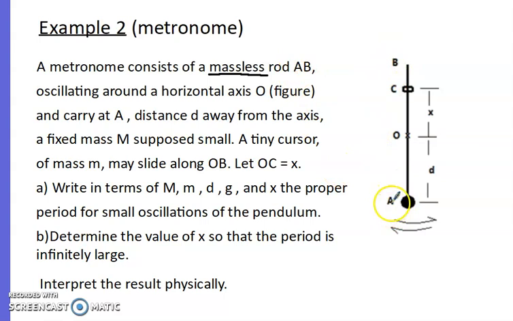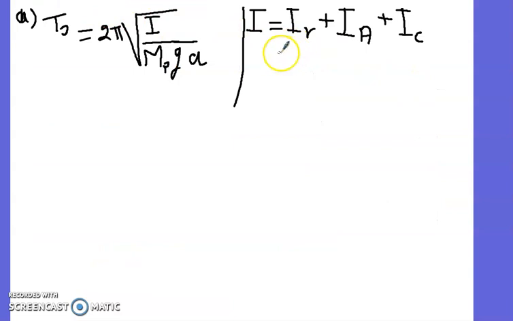Here is m at point A, and here is m, small m, at point C. So this is equal to 0 plus m d squared plus m x squared.